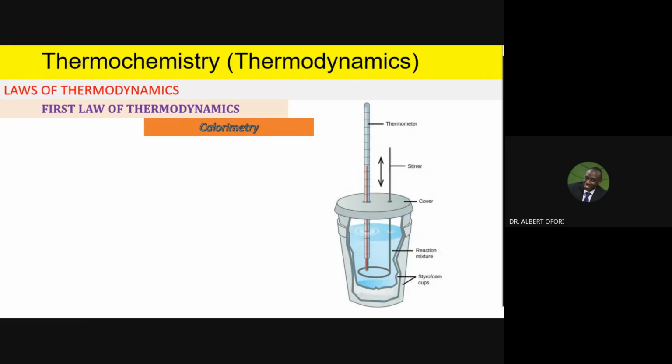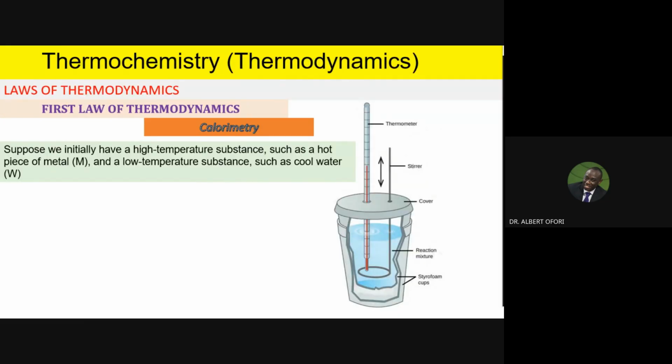So what we should know is that initially we just suppose that we are going to be using a metal, like the cup, and then we fill the cup with water, a particular known volume, so that we can know the mass of that water. And we are going to be covering that so that there's not going to be exchange before that.